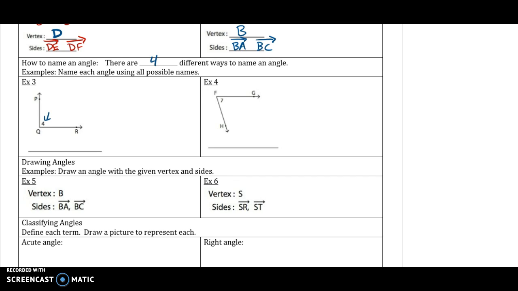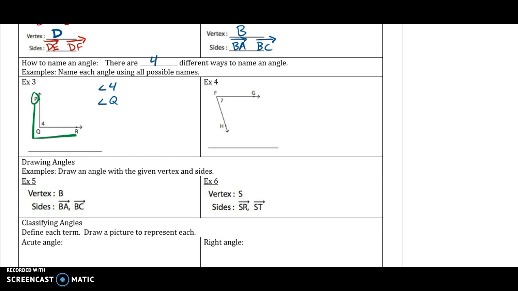So we say that this one is angle, and here's your angle symbol, angle 4. The second way is by the vertex. So we say this is angle Q. The third and fourth ways are by using 3 letters that start from 1, go to the vertex, then to the other side.